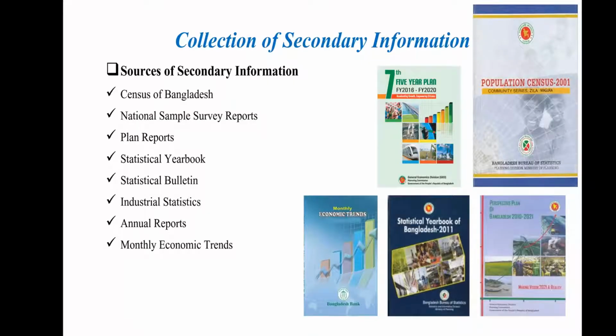It is provided by Bangladesh Bank every month, and it contains so much information about our financial market, our banking sector, and so many things. So these are the important sources of secondary information in case of Bangladesh.